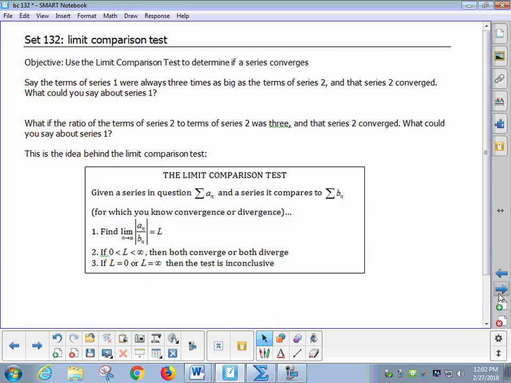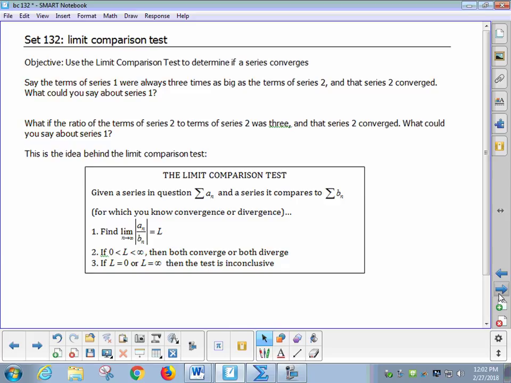You could therefore then conclude that they have to converge or diverge in the same way. This one you're asking about is twice as big as the one I know about, so it has to converge or diverge exactly like the one I know about. So if you get a limit that's between 0 and infinity, that means the terms compare favorably in a finite way, and I can conclude.